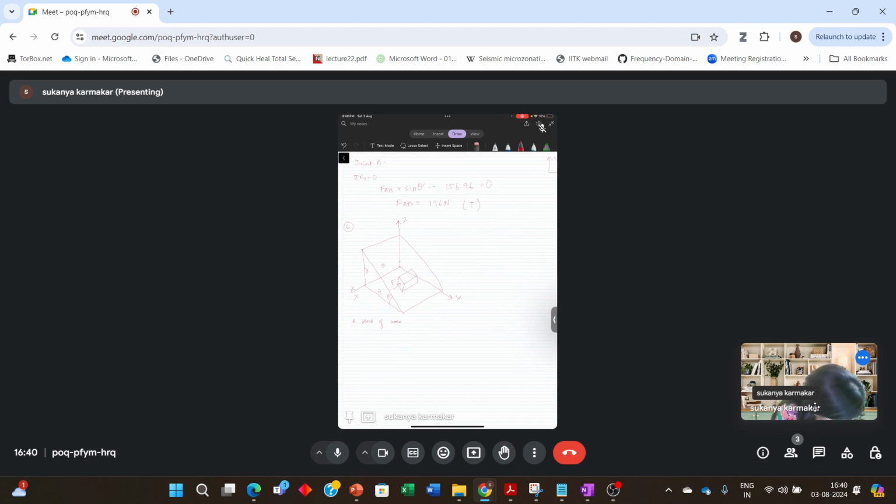The block of weight W rests on an inclined plane, which makes an angle theta of tan inverse of 3 by 4, as shown.